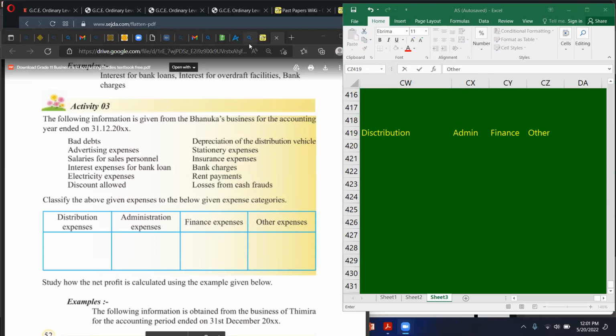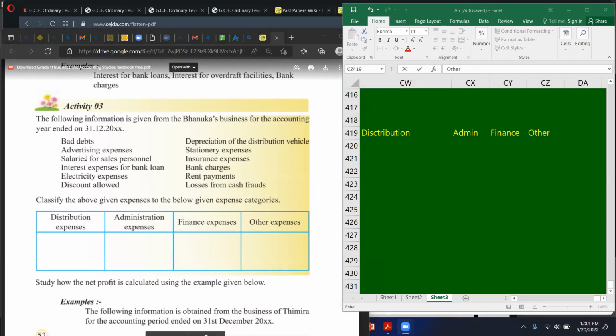Tell us one by one. Asali, can you read the left-hand side items? Tell me which items go to which category. Bad debts, distribution expenses. Okay, good. Advertising expenses, distribution expenses. Salaries for sales personnel, also distribution expenses.